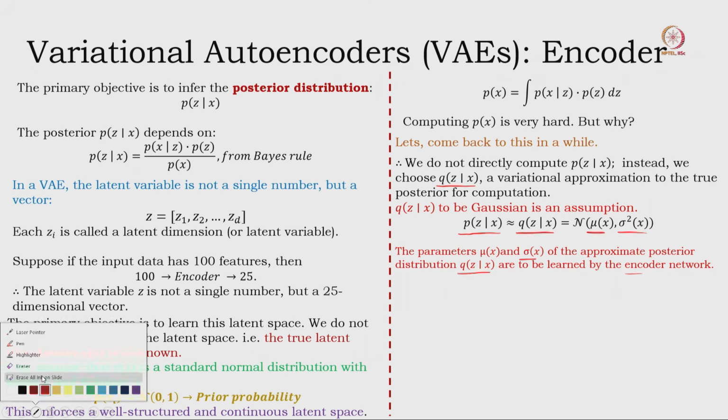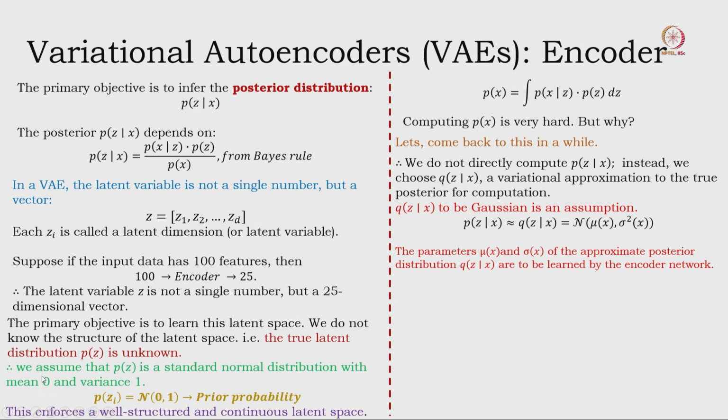So, two terms I have introduced. One, the primary aim here is to learn P of z given x. P of z given x is written in this particular form. Now, we have understood that the probability distribution of P of z is a normal distribution. Then, we have also seen that calculating P of x is very hard.